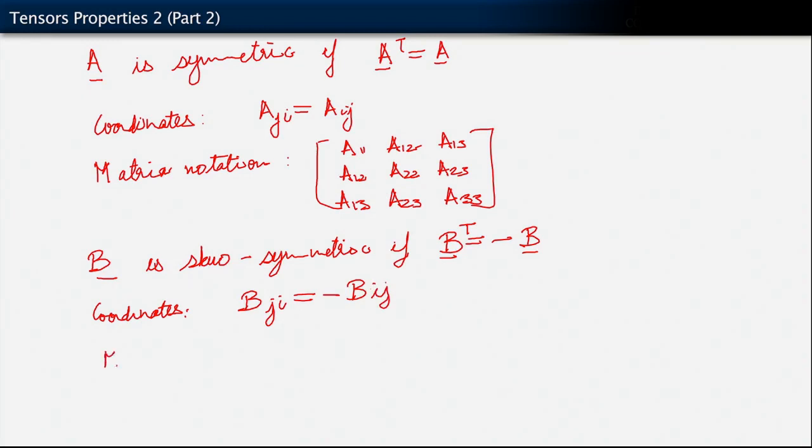In matrix notation, we would have the following.